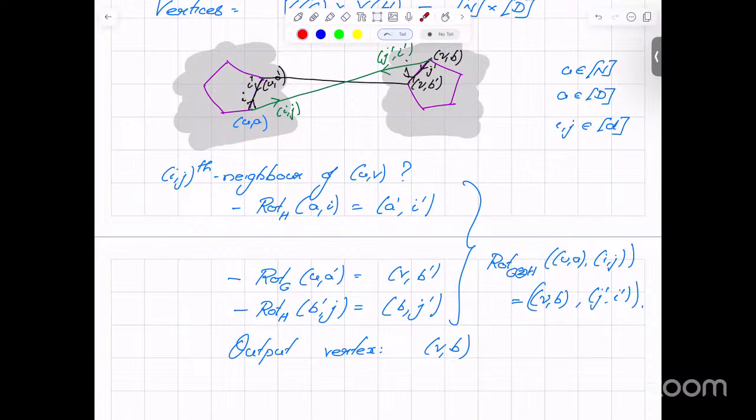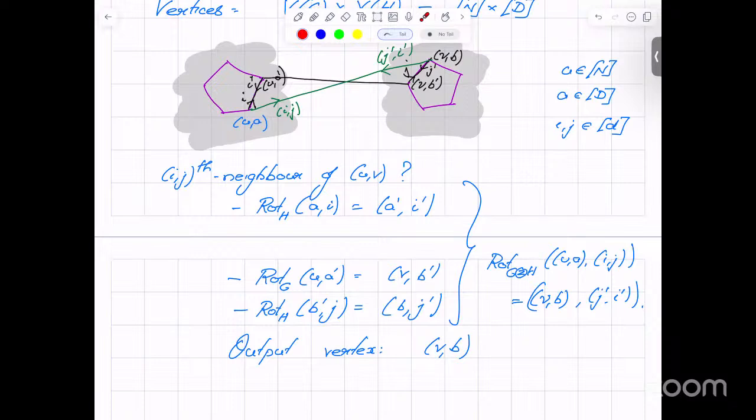So now you are at the A prime vertex in this particular cloud. But now you change its identity, view A prime as telling you which neighbor of U you have to go to. And it tells you the A prime neighbor of U is V. And from V's point of view, U is the B prime neighbor. That's the rot.